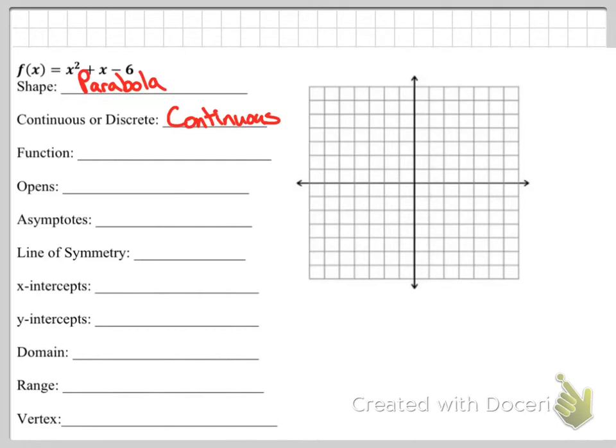So, options for graphing it, probably number one thing to fall back on is just make an XY table. So you want to plug in some x values, find the y values, and see what you get. So what, -2, -1, 0, 1, 2.